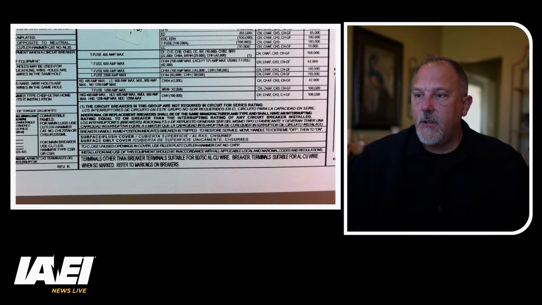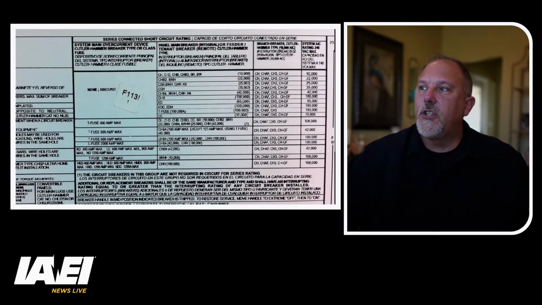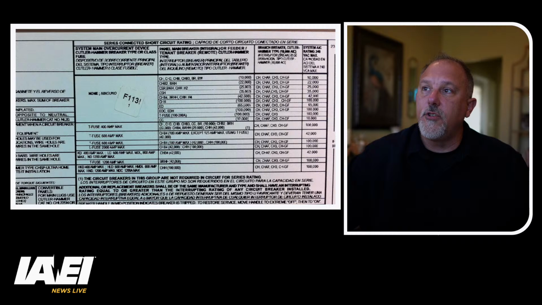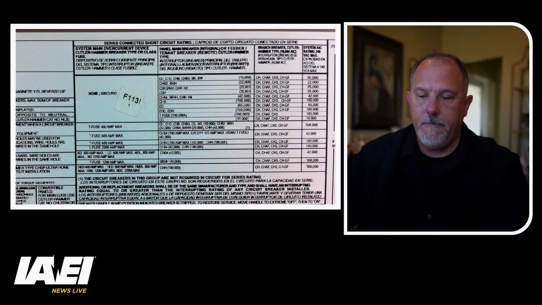Breaker handles, surface flush, installation, use of the equipment terminals. So to determine the short circuit current rating of this panel board, you need to know the minimum interrupting rating of any of the circuit breakers that are installed. Okay?